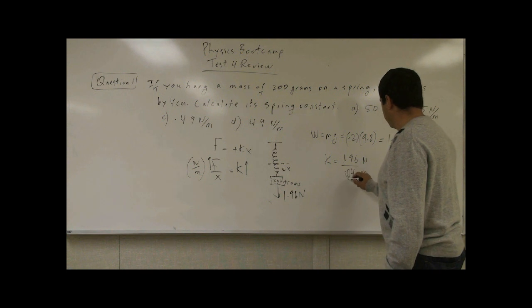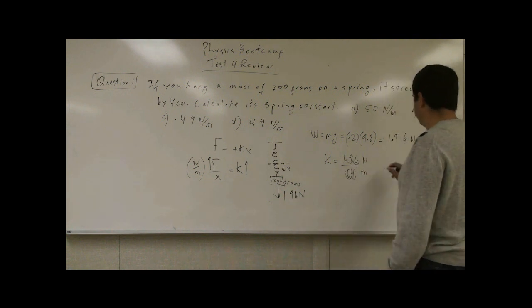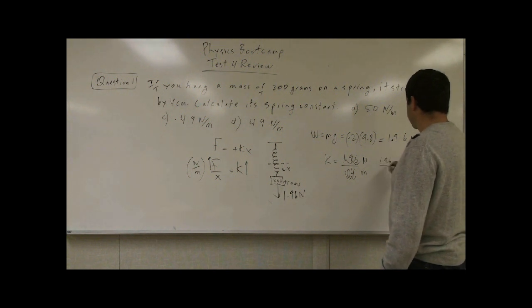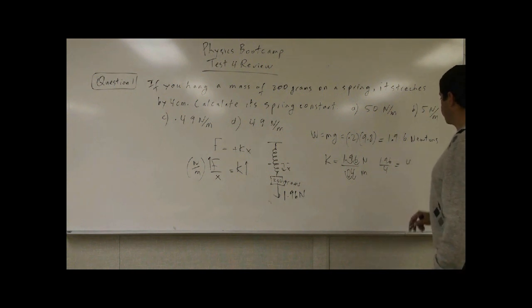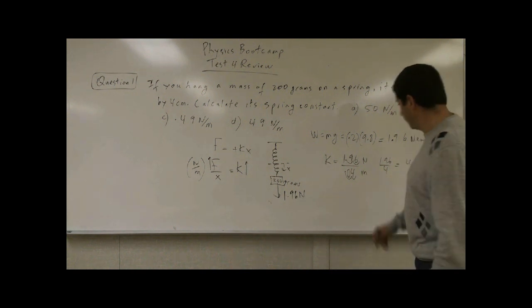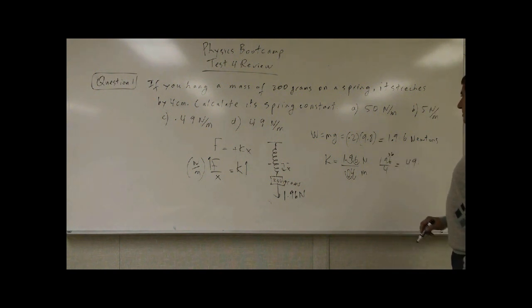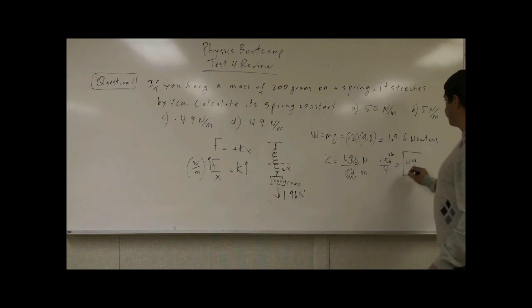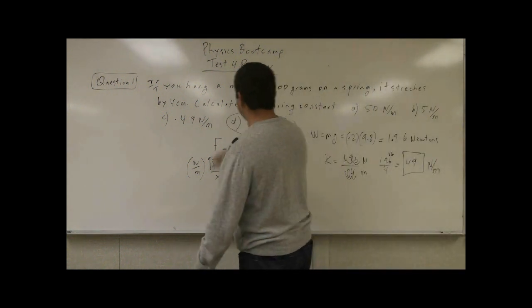Move over the decimal, move over the decimal, so it's equivalent to 196 divided by 4. 4 goes into 19 4 times, that gives you 16, with a remainder of 3 left over, and then 4 goes into 36 9 times. So the answer is 49 newtons per meter, and the answer is therefore D.